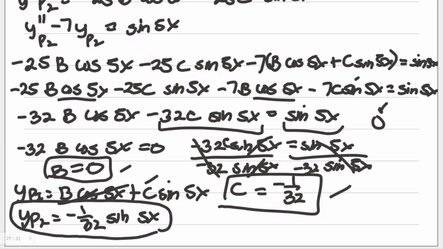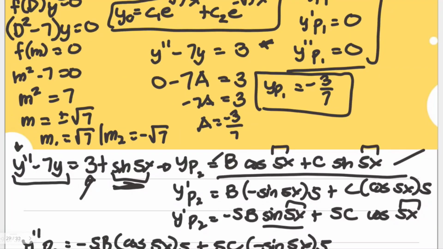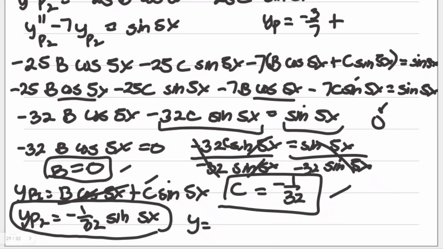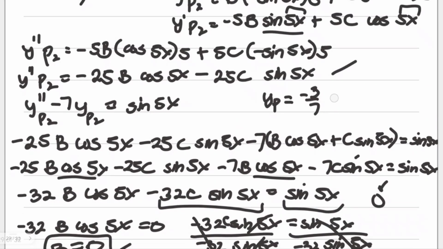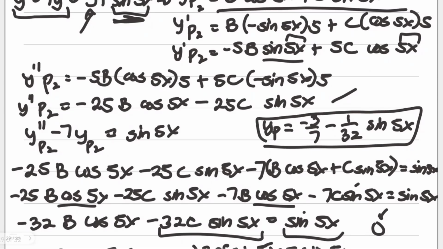But take note, my y sub p was broken into two parts earlier using the constant. So you have here negative 3 over 7 plus, for your trigonometric function, negative 1 over 32 sine of 5x. This is the combination of the two y sub p's.